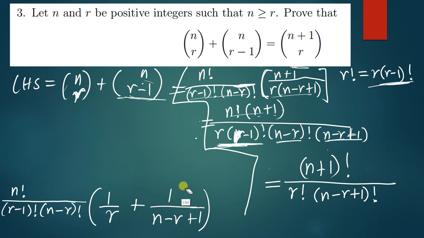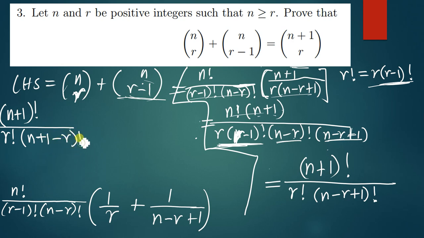Alright, so we have n plus 1 factorial, and then the denominator will be r factorial. Then open brackets, we can rearrange this to n plus 1 minus r factorial. So remember the formula for n choose r.